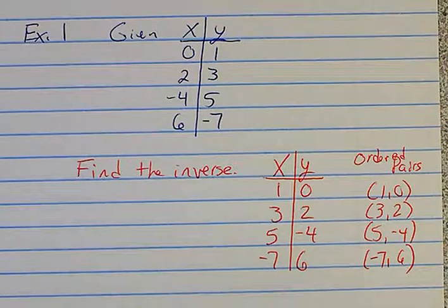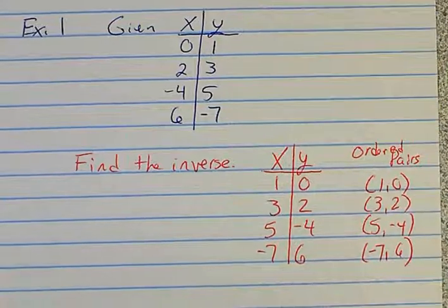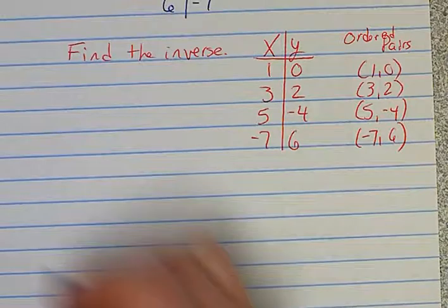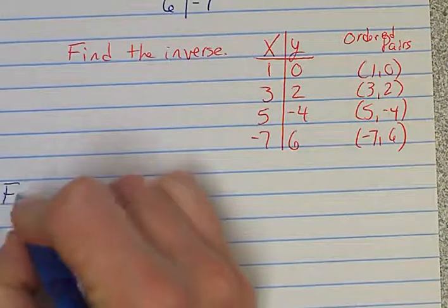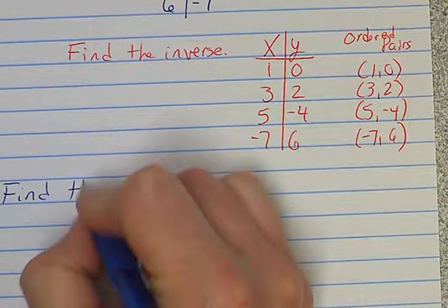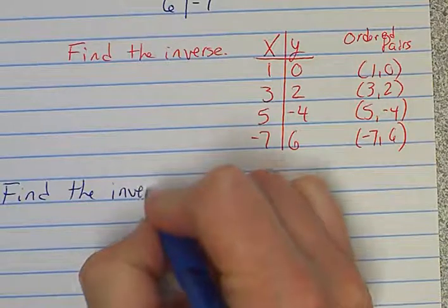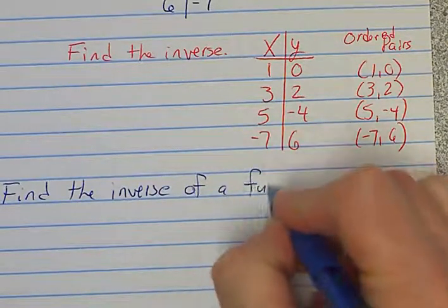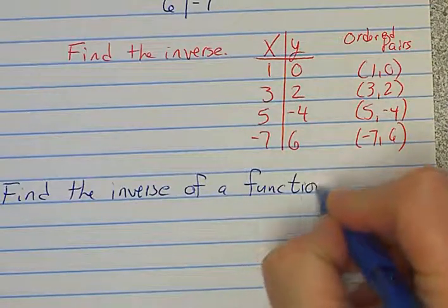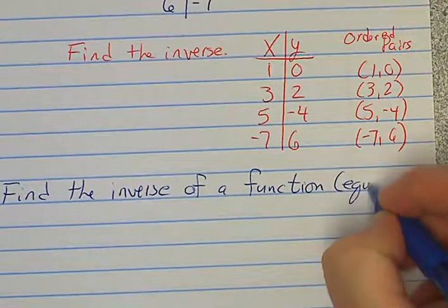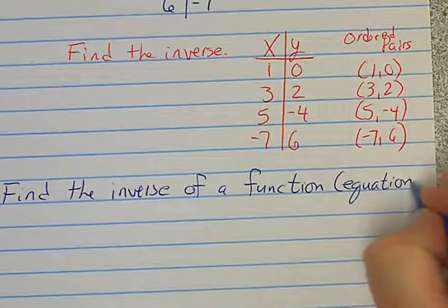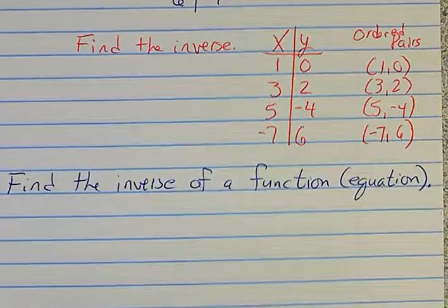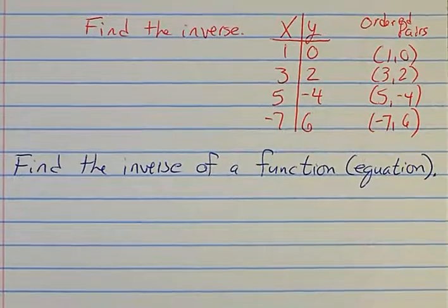Okay, now for equations, it's a little bit more complicated than that because it is an equation. So here's what we're going to do to find the inverse of an equation or a function. Technically we're finding the inverse of a function, but at the same time it's really just an equation.